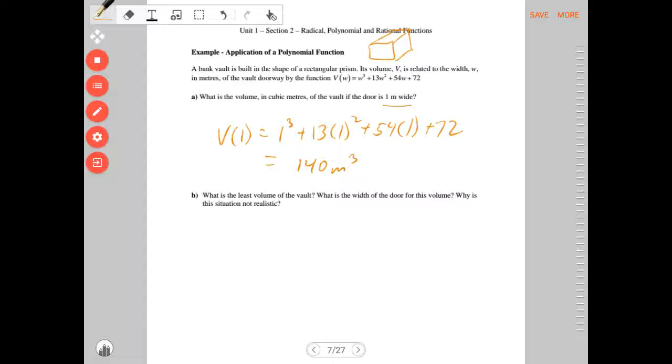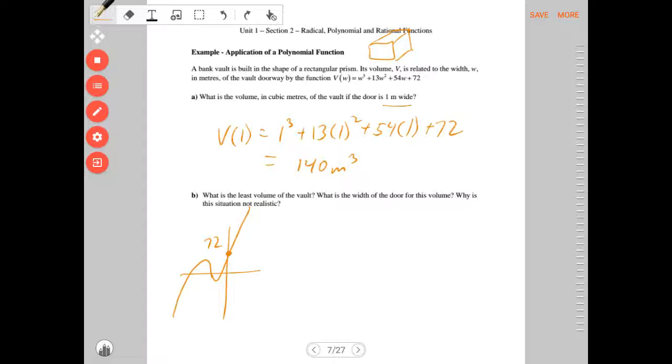We're going to graph this one just because we can. When we graph this function, it actually looks something like this. Down and then way up, so this is 72. You're going to have to change your window to see something like this. Now, it makes sense that we can't have a negative width for the door, so all of this stuff down here makes no sense whatsoever.